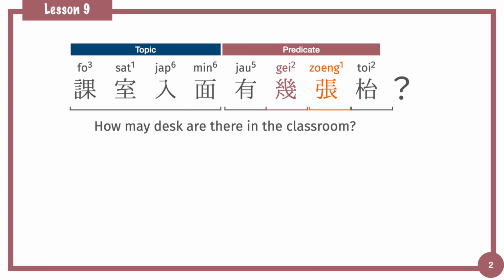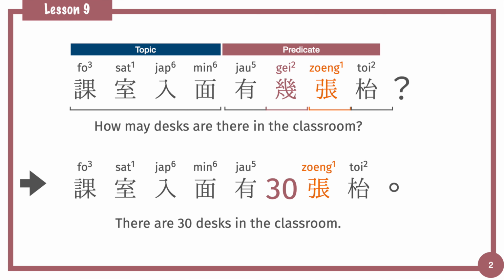How many desks are there in the classroom? To answer, just replace the number in 幾's place. 課室入面有30張枱. There are 30 desks in the classroom.